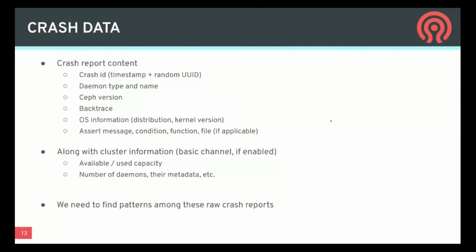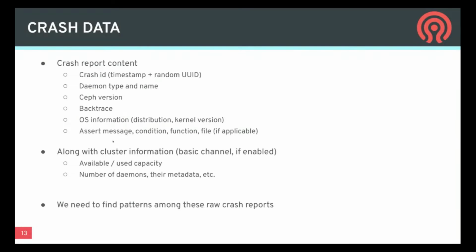All right. The crash data from the crash channel has raw crash reports, each of which contains the crash ID, which is basically a timestamp plus a random UUID. It has information about the daemon type and name, and the Ceph version of the daemon. It has the backtrace of that crash specifically, and information about the distribution and the kernel version.